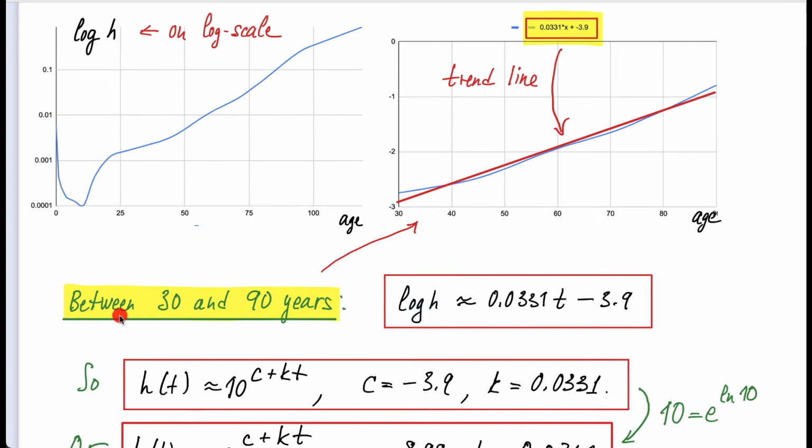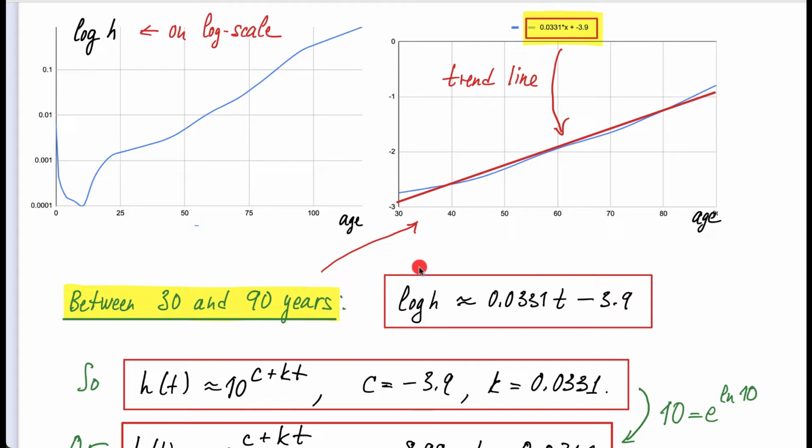So if we graph this death probability as a function of age on the logarithmic scale, we see that it follows approximately some linear trend, at least after a certain age, approximately after 30 years old. So if we zoom in here and look at the range between 30 years and 90 years, we see that this death probability can be approximated by this linear trend, and in this particular case this line is given by 0.0331 times the age minus 3.9.